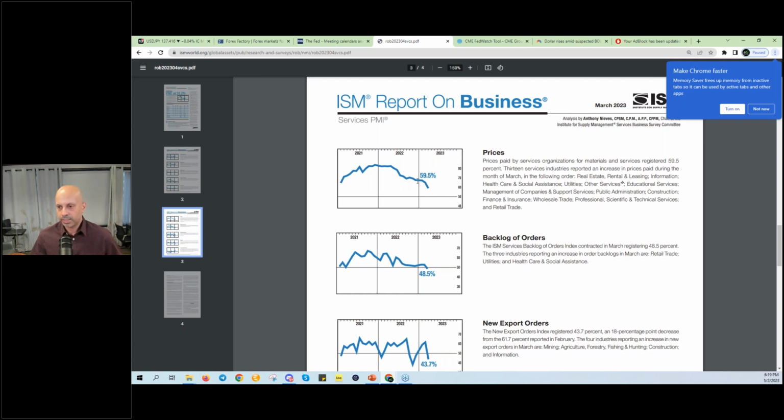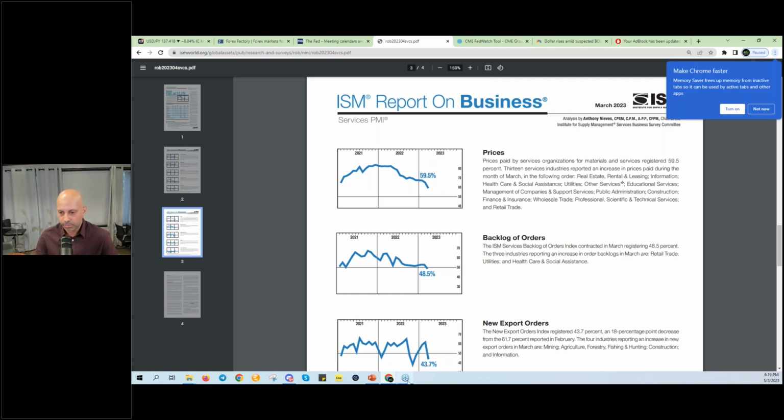Although the reading is still above 50, which means that prices are expanding, they are expanding at a much lower rate. So this has an impact on overall inflation as well. If you see prices in the manufacturing sector and in the services sector pulling back, naturally this will feed into the rest of the economy, and it will feed into the consumer price index as well.